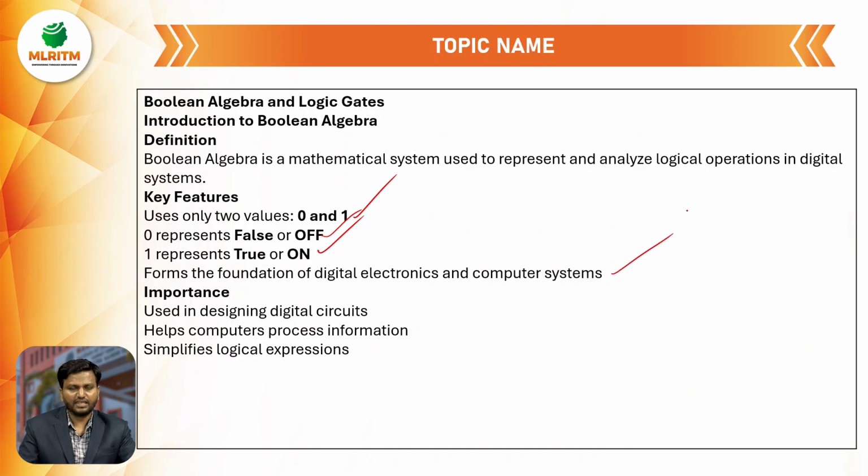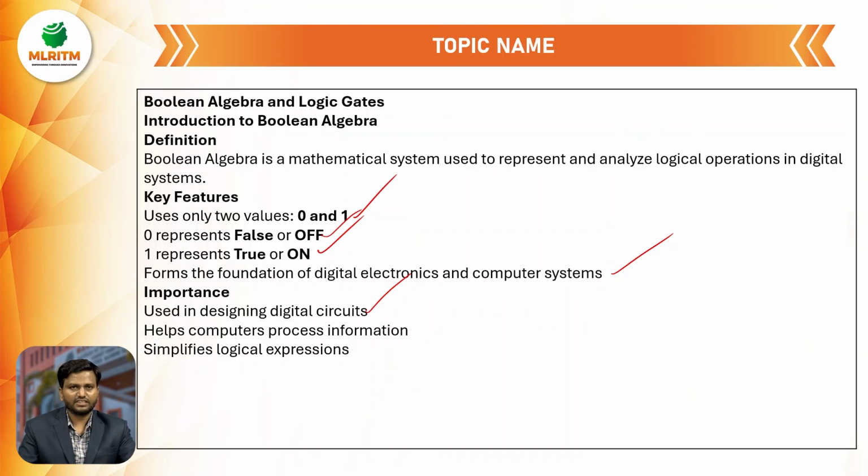Digital electronics is mainly used in computer organization and architecture. The importance is that it is used to design digital circuits. Whatever zeros and ones code we have will be converted into digital circuits. In the motherboard we can see small circuits in hardware, called digital circuits.